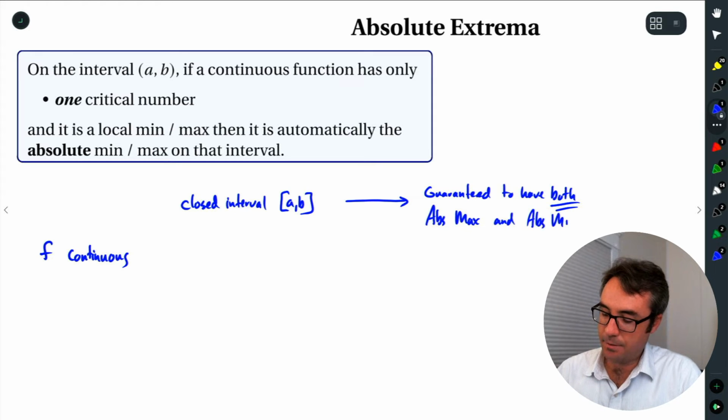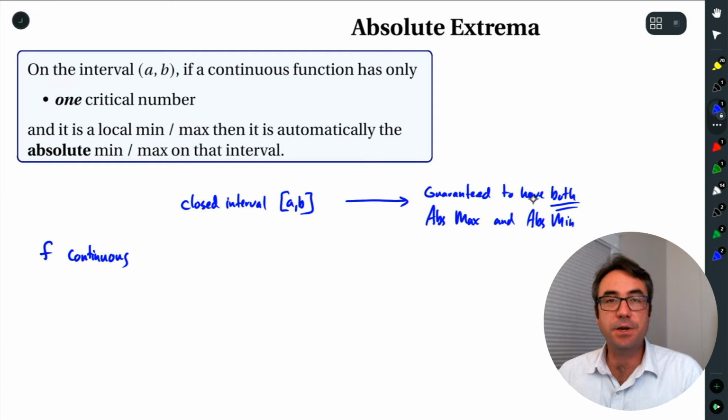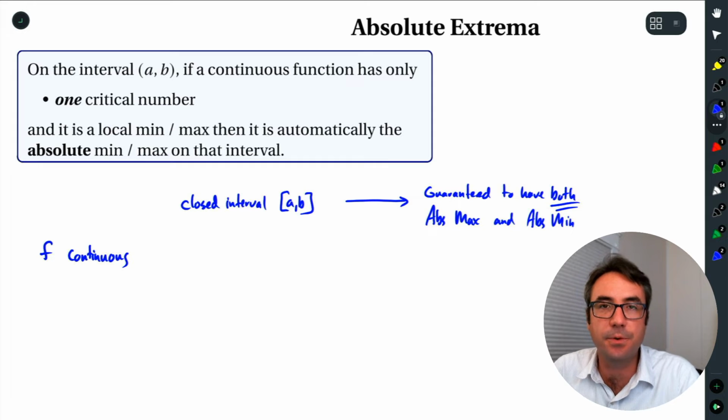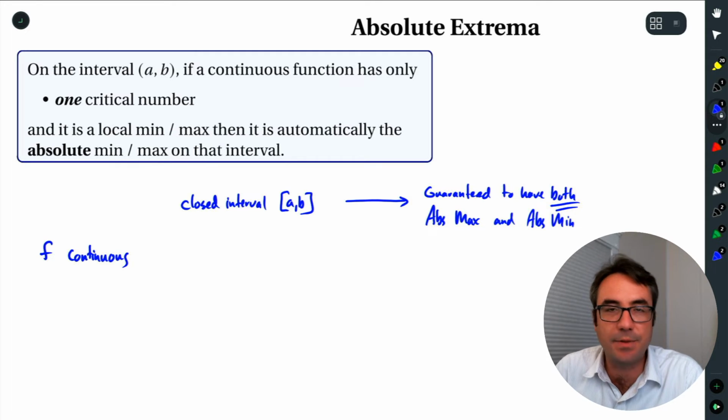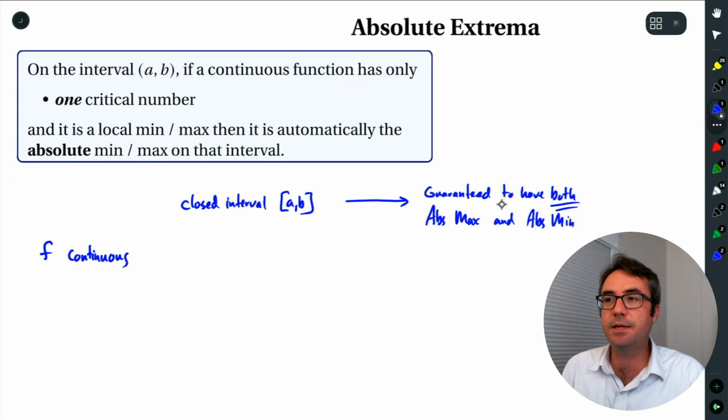And our work there was with the closed interval method. So using the closed interval method, we could test the function at the endpoints, find the critical numbers, test the function at the critical numbers, and then just plug the numbers into the original function and see which one gives you the largest and which one gives you the smallest value, and that's your absolute max and absolute min. So if our function's continuous, defined on a closed interval, we're guaranteed to have both an absolute max and absolute min, and we've seen how to actually locate those. It was the closed interval method.